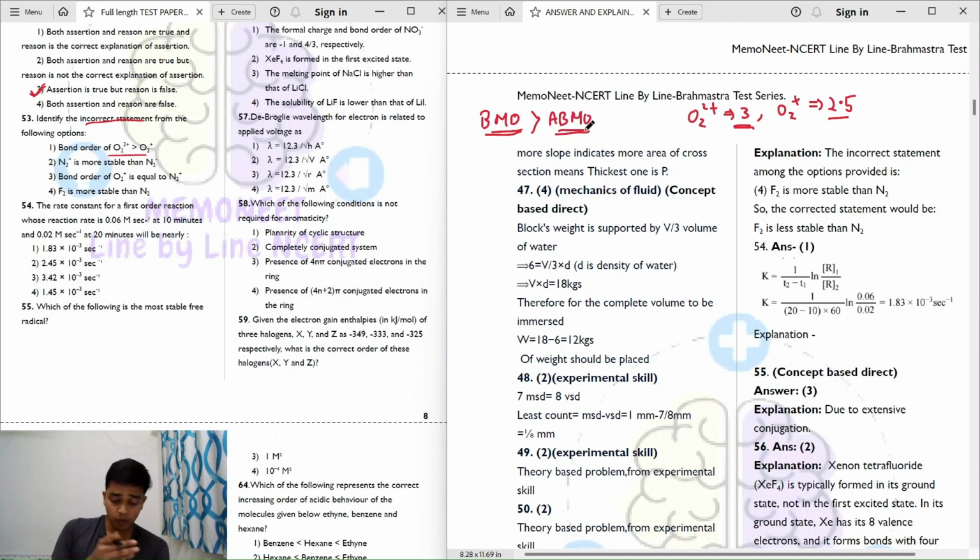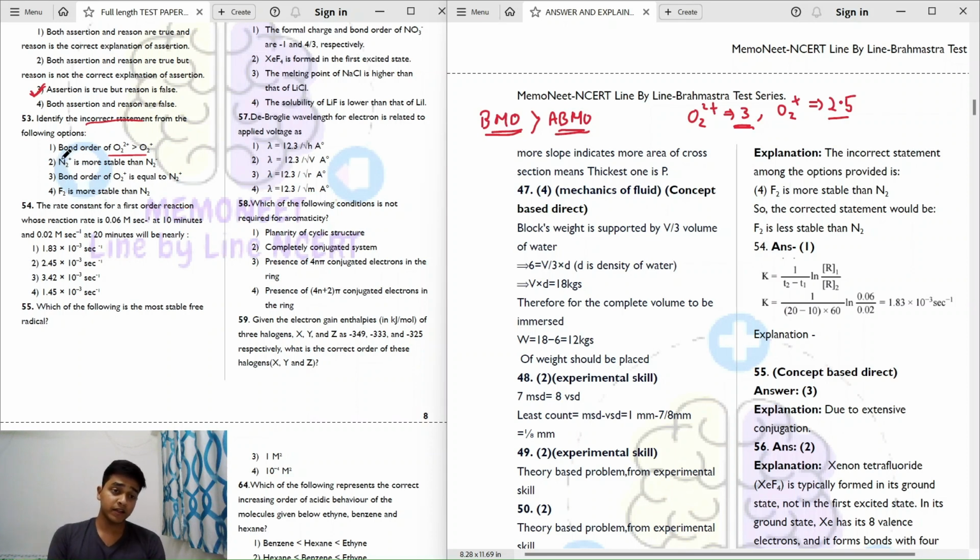However, when we go from N2 to N2-, one electron is being filled in the antibonding molecular orbital. While N2+ and N2- both have equal bond order, N2- will be less stable than N2+ because the number of electrons in the antibonding molecular orbital is increasing. So this will also be a correct statement, so not our answer.